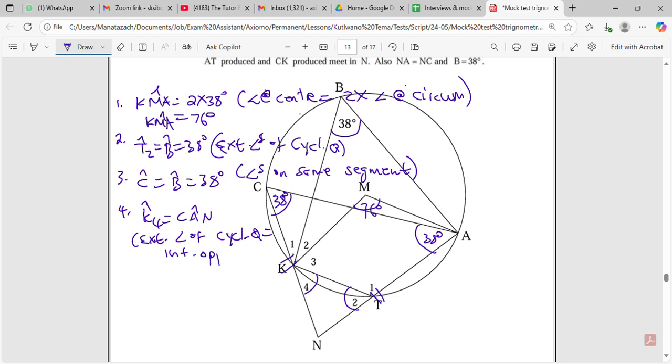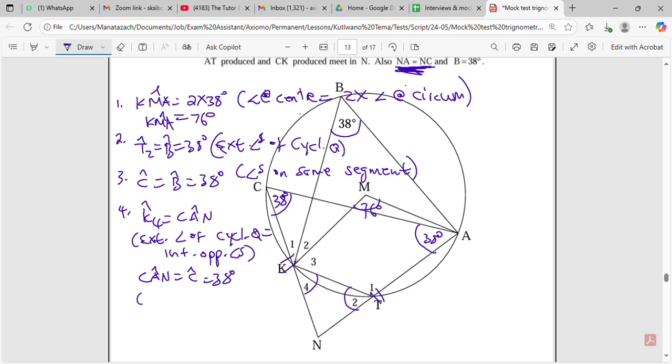Interior opposite angle, which is angle A or angle CAN. Remember we said CAN is 38 degrees. The reason for that was we're given that AN is equal to NC, right? So we know that angle CAN is equal to angle C, which is 38 degrees.